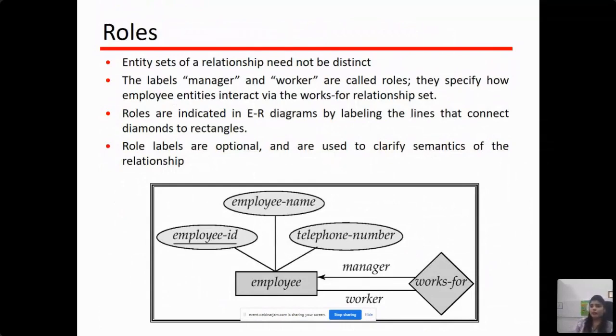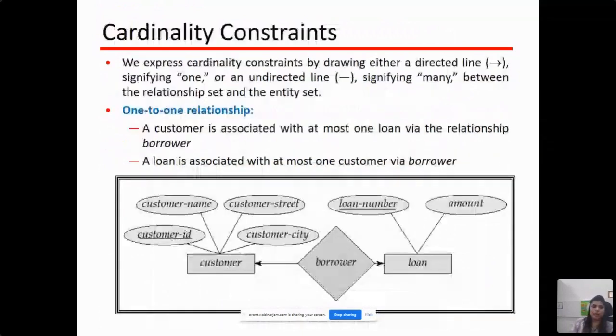So roles are indicated by labeling the lines that connect the diamond to the rectangle. Here we can label it. But as I told you, these role labels are optional. If we want, we can use them to better clarify the semantics of the relationship.